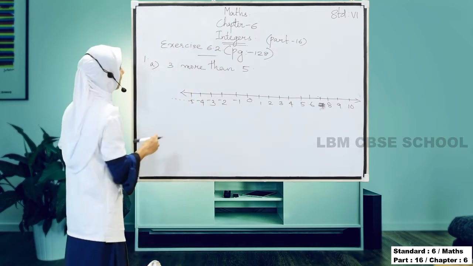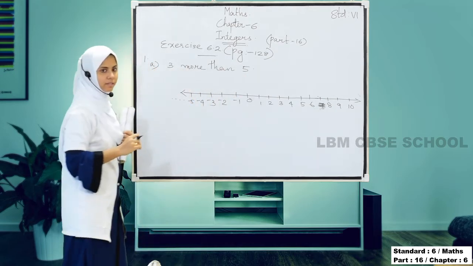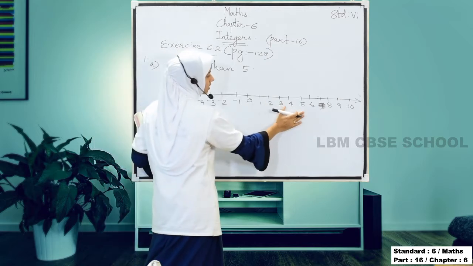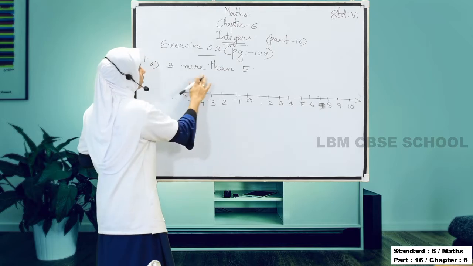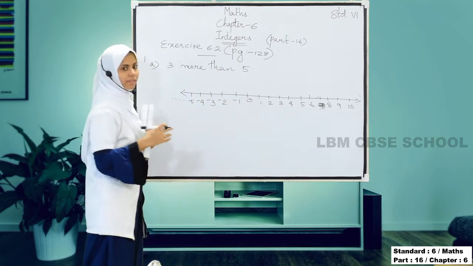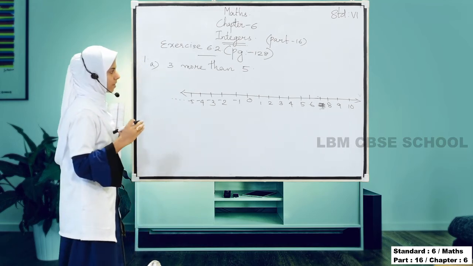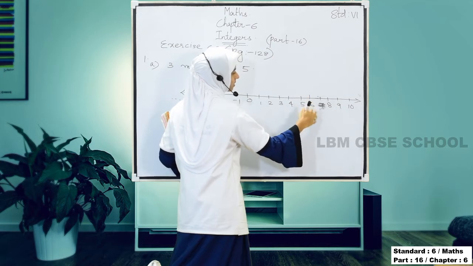Okay, here look at the question. Here the two numbers are positive integers, isn't it? Then we can say that it will be on the positive side of the number line. So, 3 more than 5 means we have to take 3 more from 5.